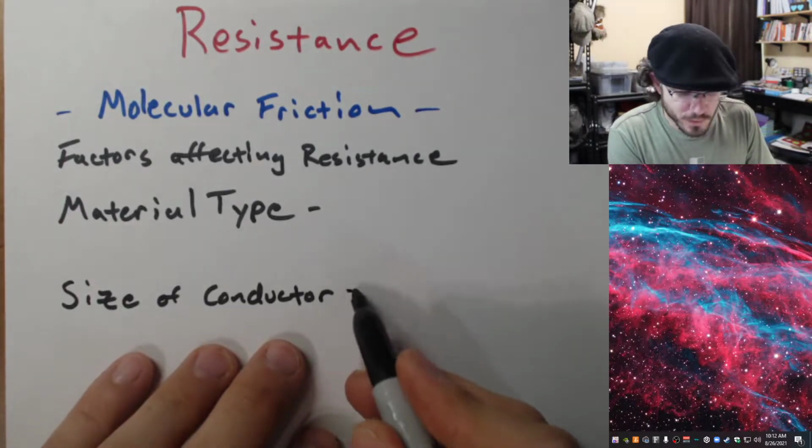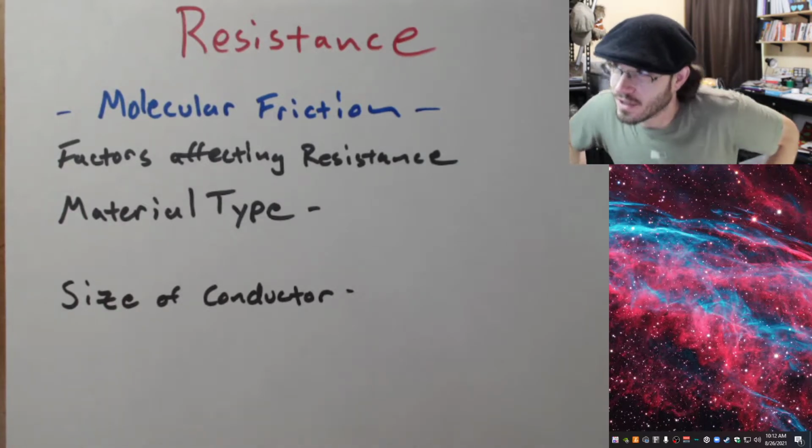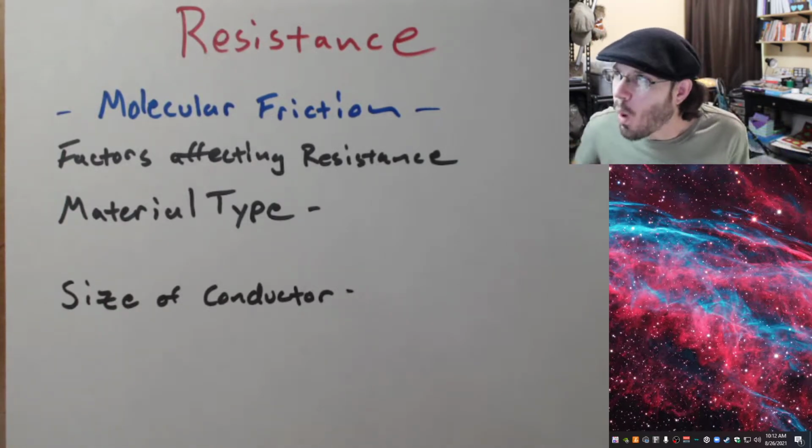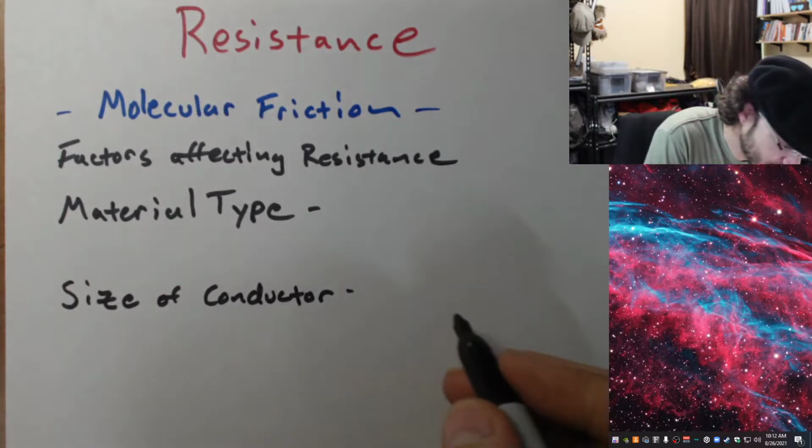Okay, this one's really obvious to see. Size of the conductor. If I make a wire smaller, it's going to have more resistance. This is so intuitive.